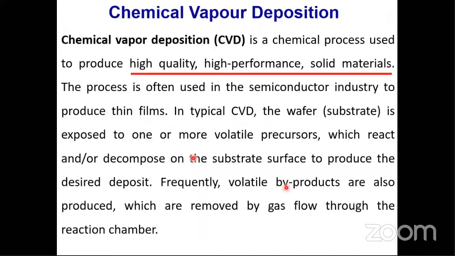This is also a bottom-up process of growing high quality thin film, and usually several kinds of thin film devices are fabricated using this method, chemical vapor deposition. Shortly it is represented as CVD, and you know, synthetic diamonds are produced by this method. This is a popular method of producing synthetic diamonds.